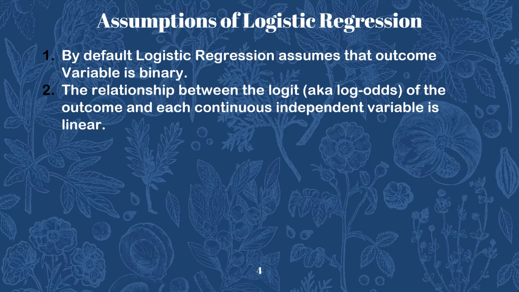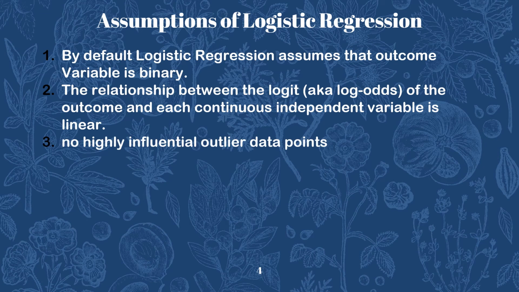This is the reason why logistic regression is called as logistic regression and not called as logistic classification, because over here we are trying to build a linear relationship between the continuous independent variable and the logit.